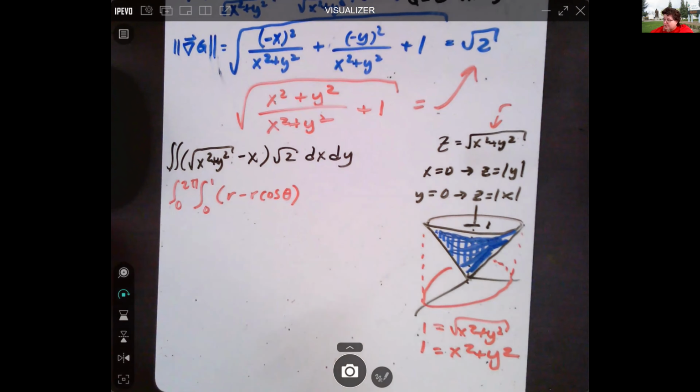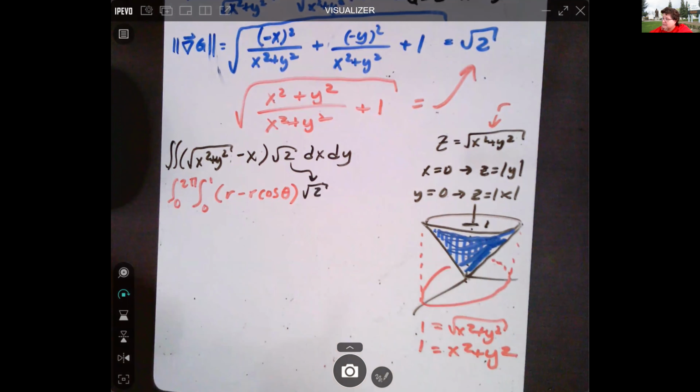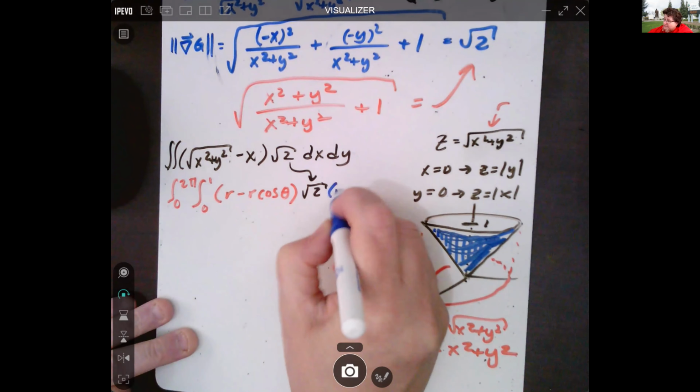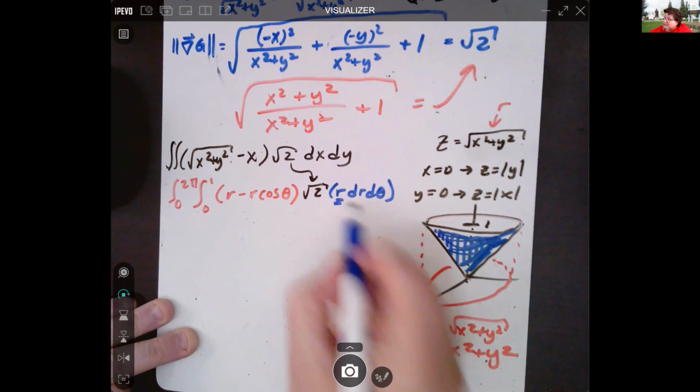We still have our root 2. That's part of the cone portion. And when we switch to polar, we have that correction factor r dr d theta, the r as the correction.